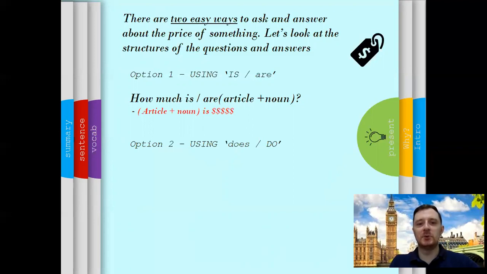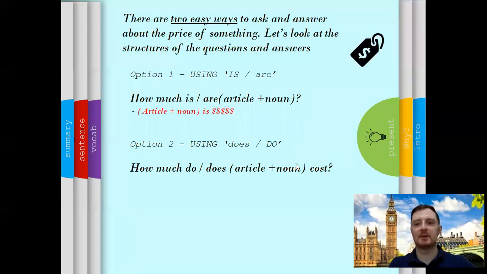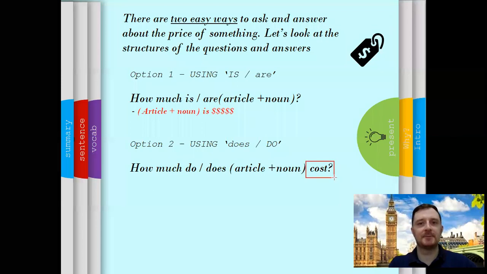Let's look at number two. This one is using do or does. How much do, how much does, okay? And we'll also use another verb in here as well. So you can see here we have an extra verb, which is cost.